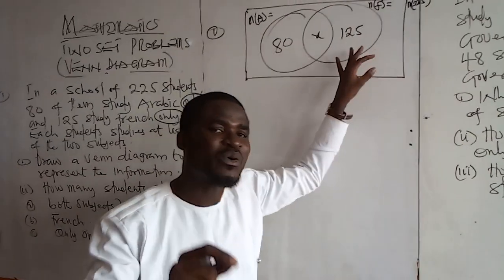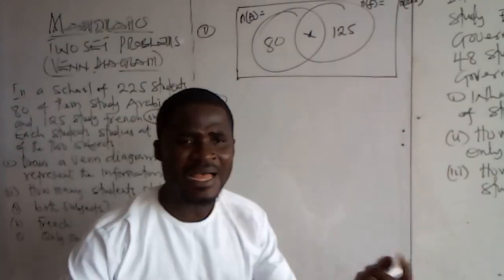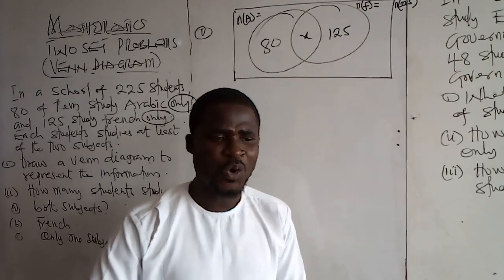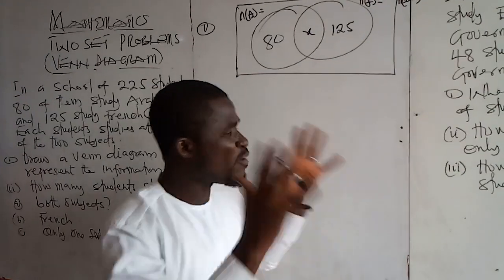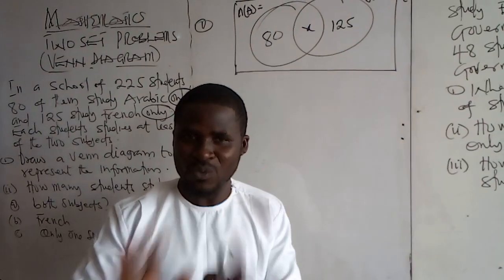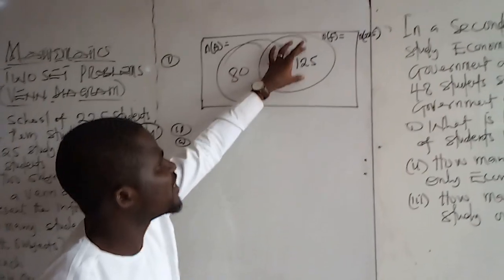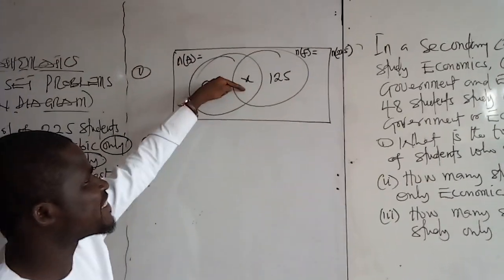Why? Because the question says only. I want you to understand the difference between Arabic and Arabic only. Because the question says Arabic only and then French only, we don't subtract X from any of this.